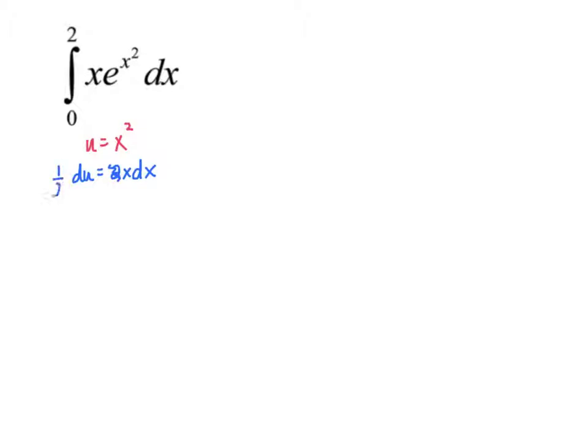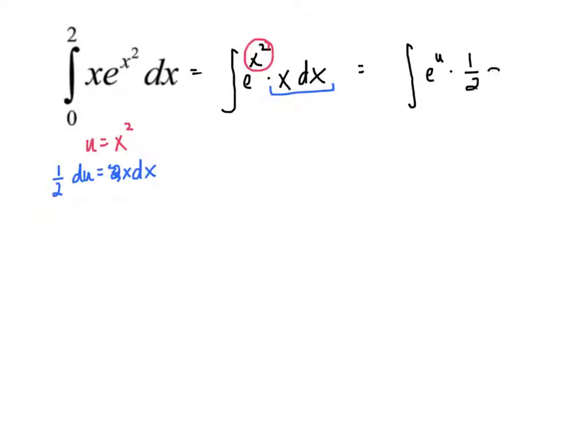Again, if you need to rewrite the original integral, I'm going to switch the order of the multiplication. So now you can make this u, and you can make this 1/2 du, so my integral becomes e to the u multiplied by 1/2 du. Bring the 1/2 out front.